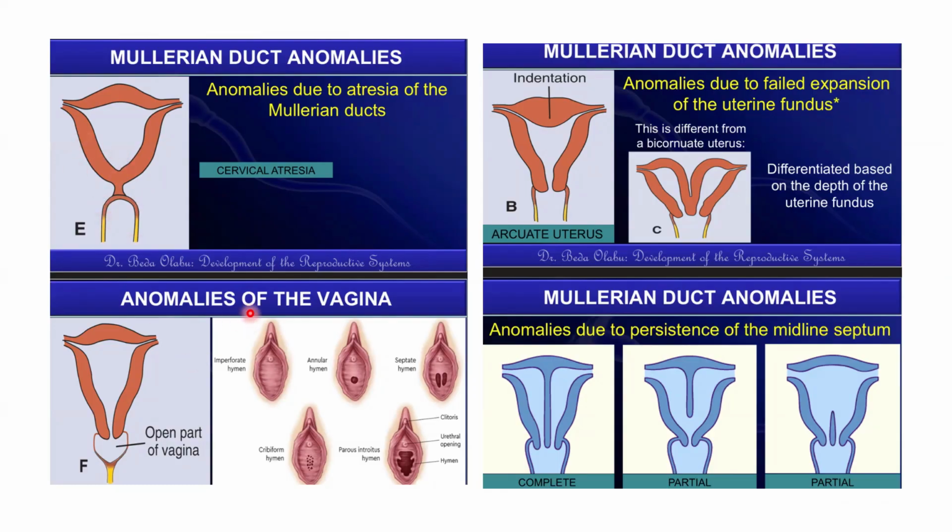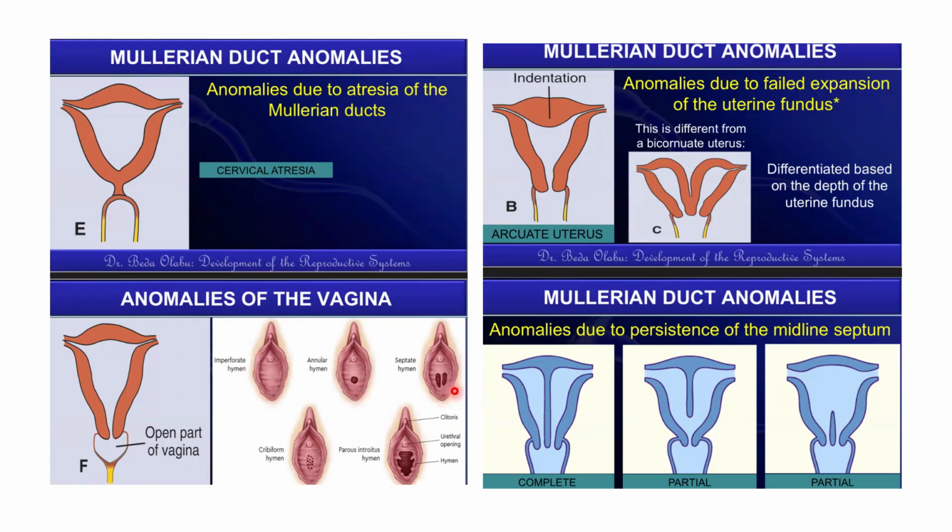On this other end, anomalies of the vagina, one of them being the hymen. So you can have the hymen having various morphologies. One is imperforate hymen. That is when the vagina cannot communicate with the external environment. Also, you can have annular hymen, as you can see here.